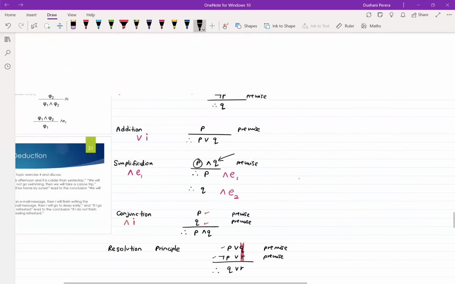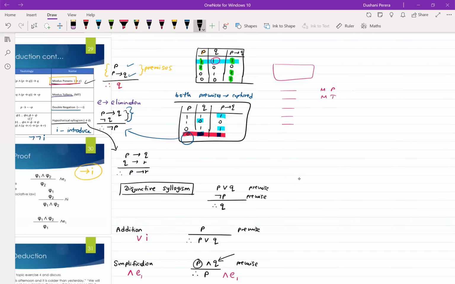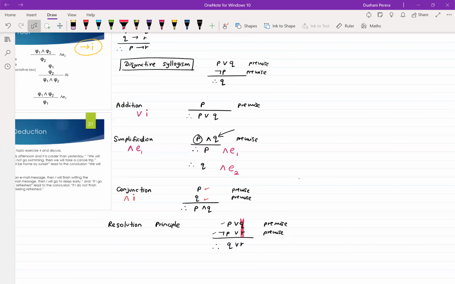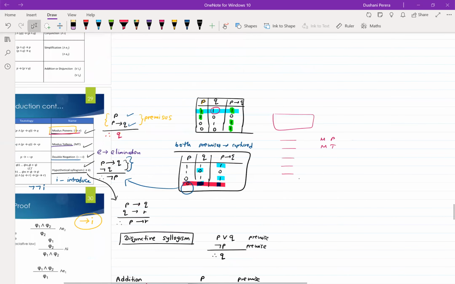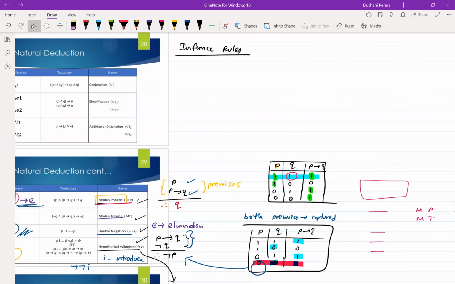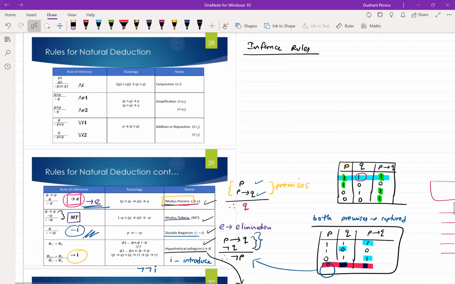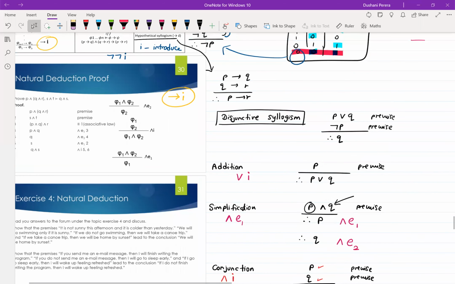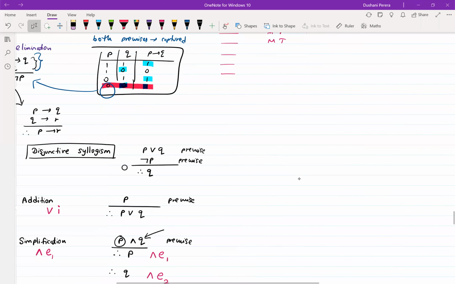Right. So these are the inference rules. So you have modus ponens, tollens, this and this, and then you have syllogism, addition, simplification, these two. Okay. Right. So now since we know the rules, let's go for an example.